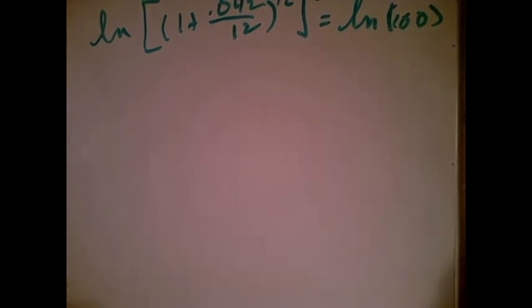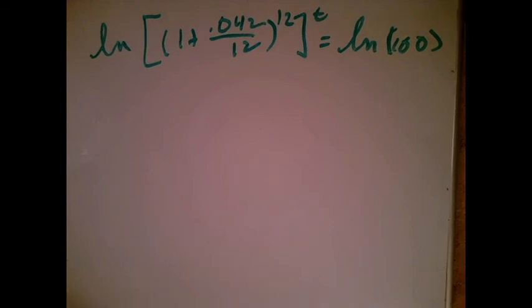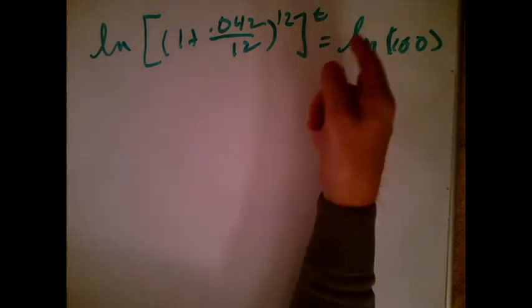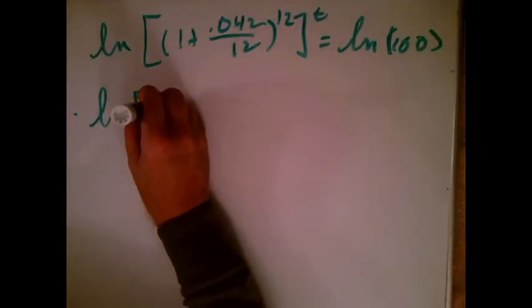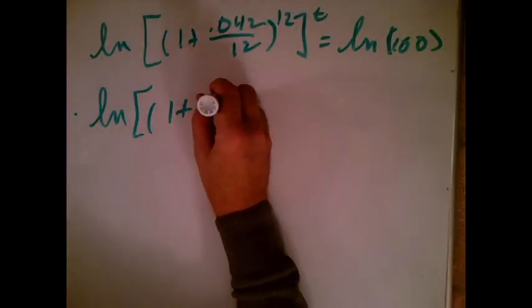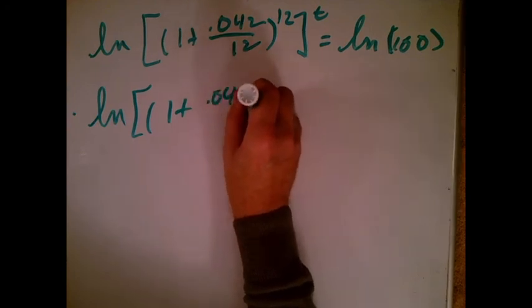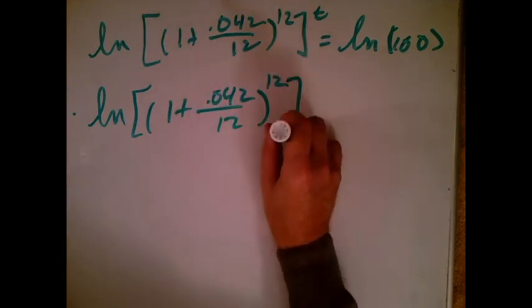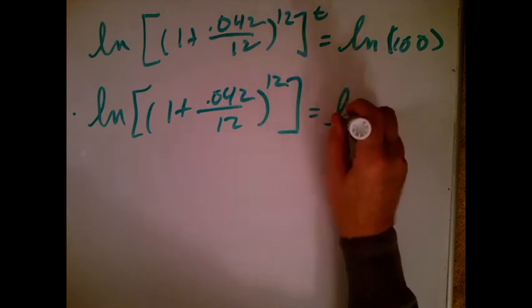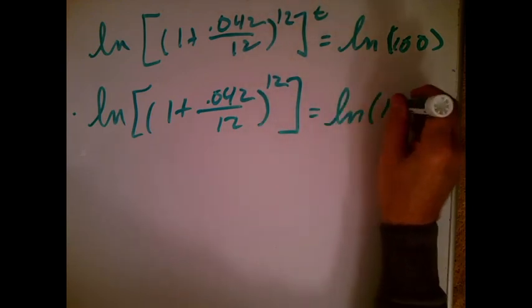Now, why did we do that? Because we have that third magical rule of logarithms, and you can see that's the one we're using more than anything else, that says if I have the ln of a constant to a power, I can bring down the power. So we're going to get t times the ln of the mess, 1 plus 0.042 over 12, in parentheses, to the 12, equals the ln of 100.